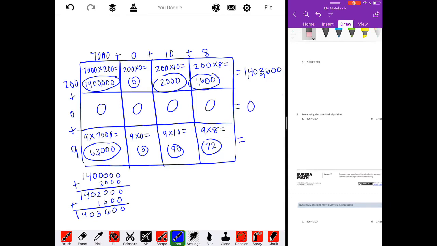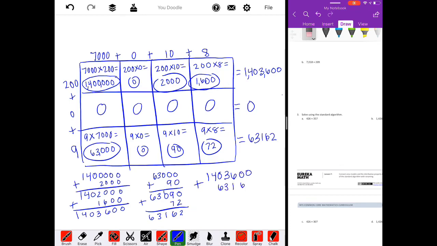In this row, 63,000 plus 90 plus 72 is 63,162, and then we just need to add those together. So we should get 1,466,762.